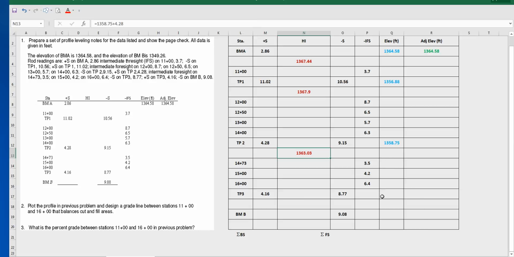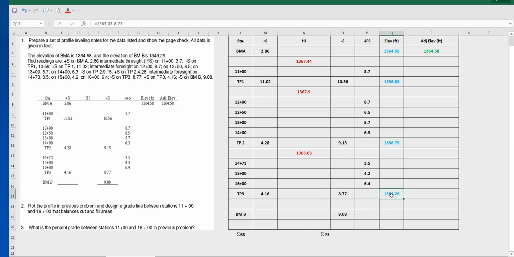Now, I'm going to take this and our foresight, and I'm going to get the elevation at turning point 3. So HI is 1363.03 minus the foresight of 8.77, and oops, I've got to put an equal sign in front of it in Excel, and that's going to give me 1354.26.